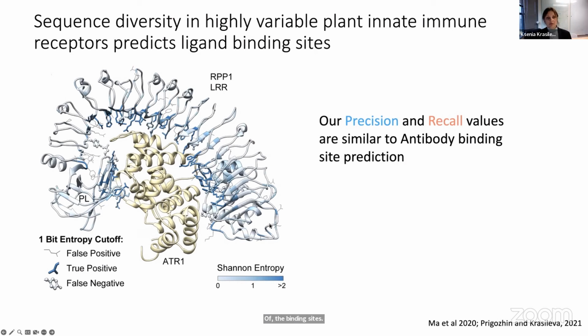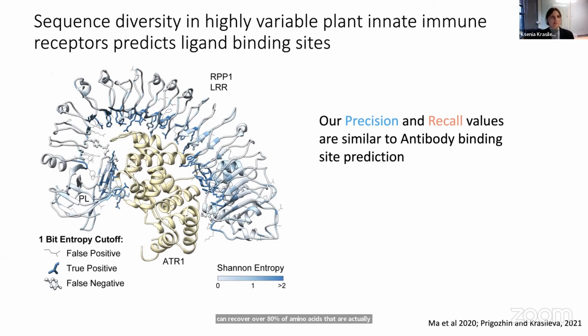And we were able to validate this using experimentally solved structures that became recently available, several of them actually. And we can show that using computational methods without any knowledge about the real structure and using only predicted structures, we can recover over 80% of amino acids that are actually involved in the ligand binding site.